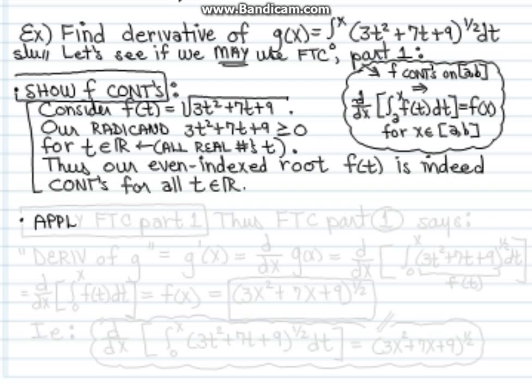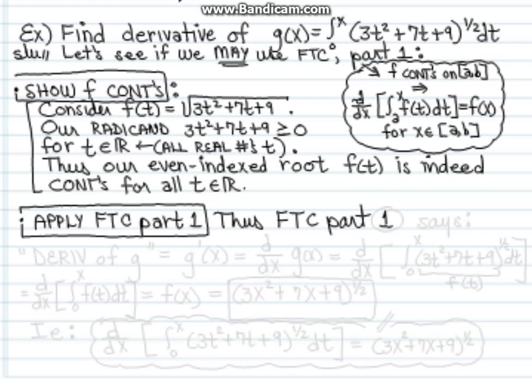Okay, so we have decided that we are allowed to apply the fundamental theorem part 1 because we have a continuous function little f inside the integral. Thus, the fundamental theorem, part 1, says, well, I'm just going to repeat what's in the cloud. I'll say it with more words. The derivative of what we call g, look back at what we called g, is equal to g prime of x.